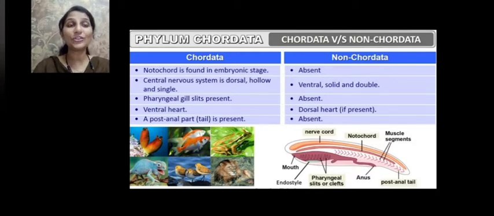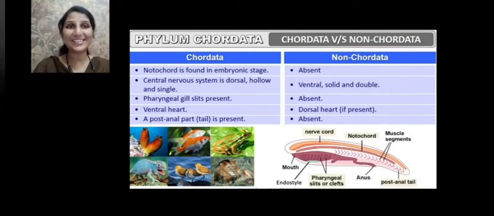Whereas in the case of non-chordates, the position is ventral and it is solid. It is hollow in the case of chordates, whereas here it is solid. Here it is single, whereas here it is double. So in the case of the nerve cord or the central nervous system, it is dorsal, hollow and single in chordates, whereas in non-chordates, it is ventral, solid and double.